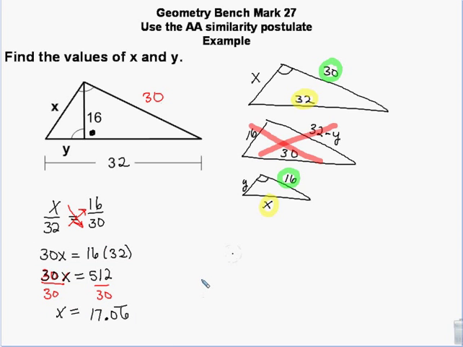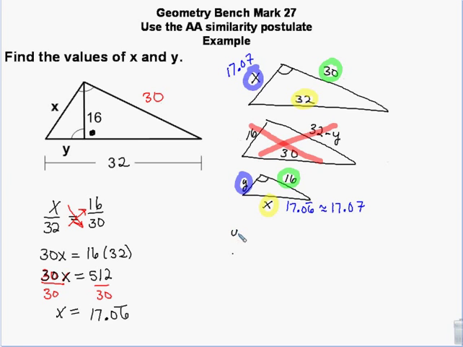Okay, so far all right? Well, now I have x, that is 17.06, repeating, which is approximately 17.07. I need to find y, and x and y are proportionate, and this x and that x are the same, so this one is also 17.07. I'm still going to use 16 and 30.